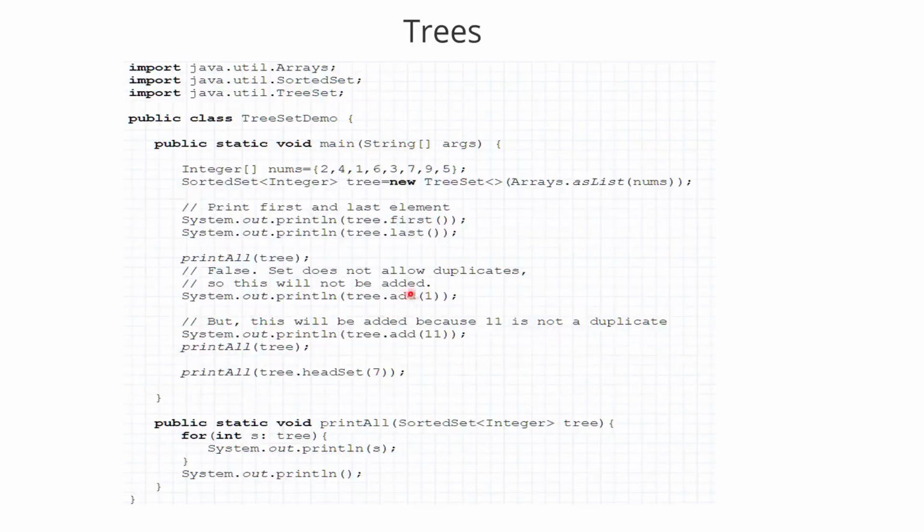Here you can see we're calling add, and add one, so take a look at that. We're calling add again with 11, and then we're doing printAll on tree. And then we're calling printAll on tree headSet, and we're passing in the 7 there.